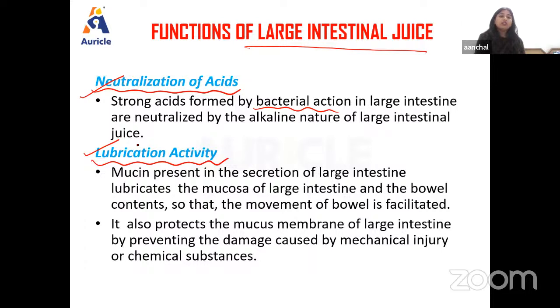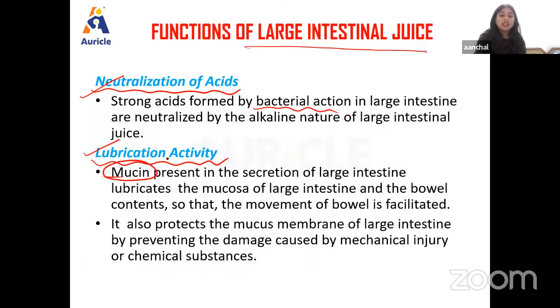Then second, we have the lubrication activity. By lubrication, we mean that some substances are present which are responsible for facilitating the movement of the feces, the waste products, or the undigested products. That substance is mucin.